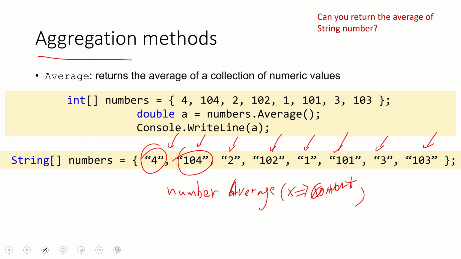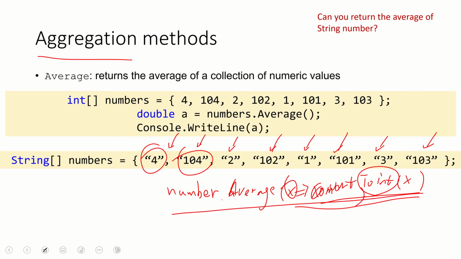Convert, I think it's ToInt, put x. So this is the average: they want to get the average of each x which you already converted into int. So there's an extra step you can do, and you only use one line to solve this problem.